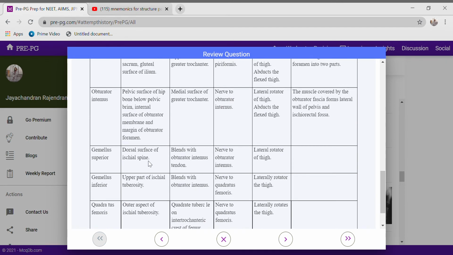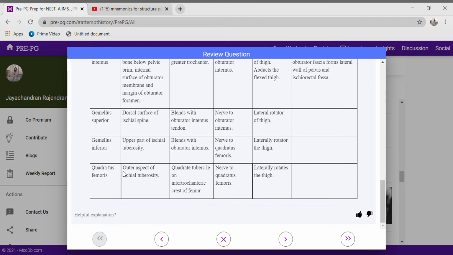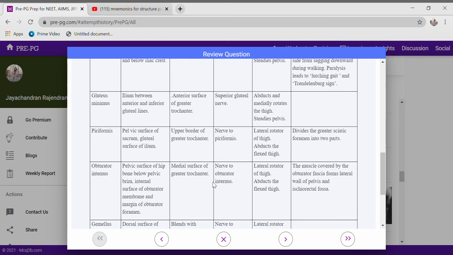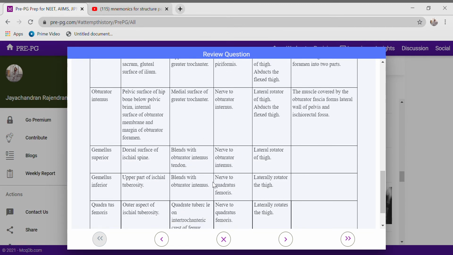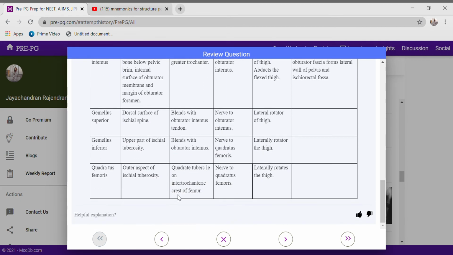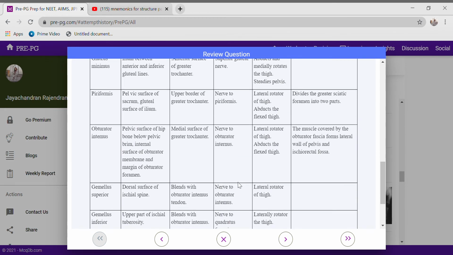The gemellus superior blends with the obturator internus tendon, and the gemellus inferior also blends with the obturator internus. Quadratus femoris is inserted on the quadrate tubercle, which is on the intertrochanteric crest of the femur.